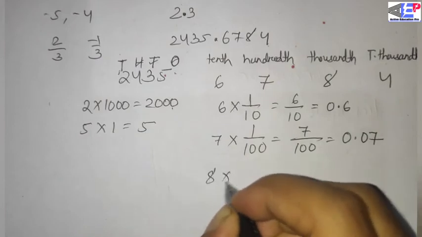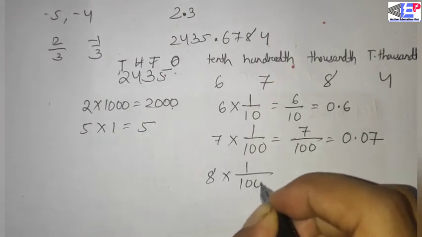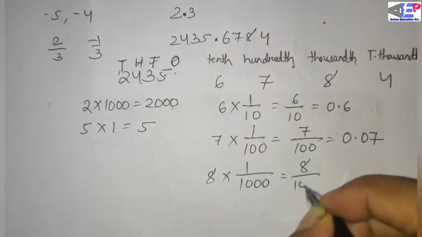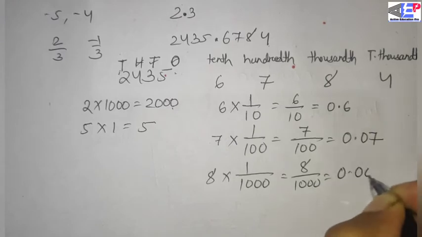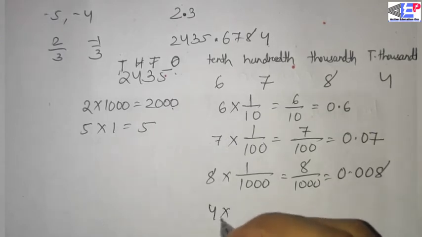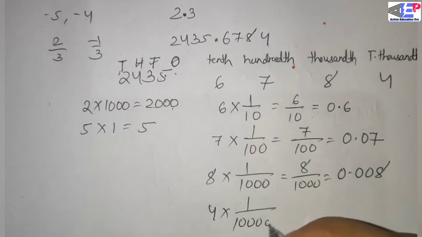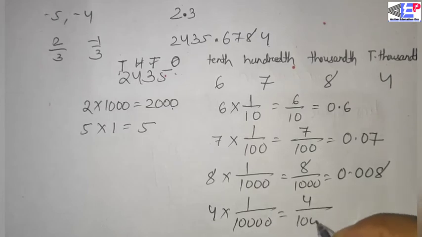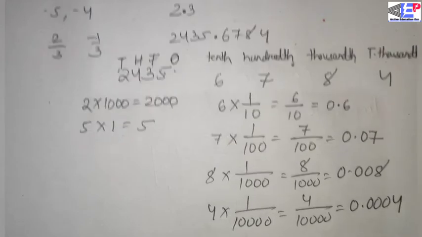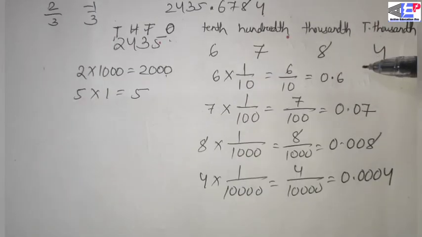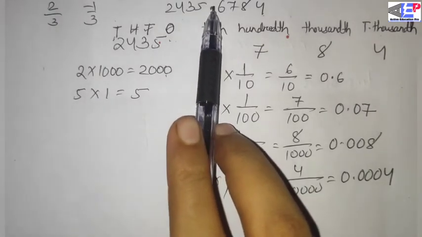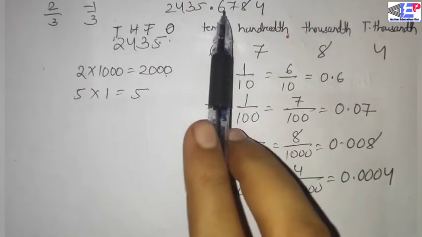Similarly, 8 into 1 by 1000 is 8 by 1000, equal to 0.008, and 4 into 1 by 10,000 is 4 by 10,000, equal to 0.0004. So these are the place values of the digits to the right of the decimal point, 6784.